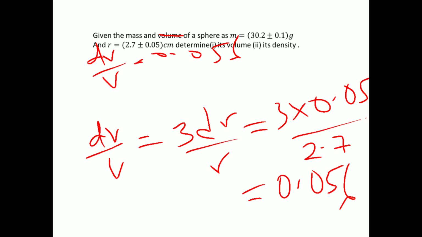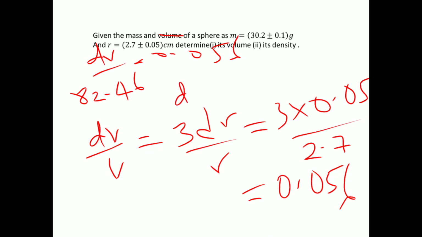Our V we got earlier to be 82.46, so I replace V with 82.46.